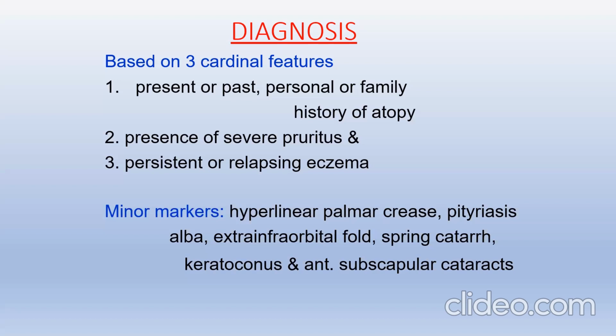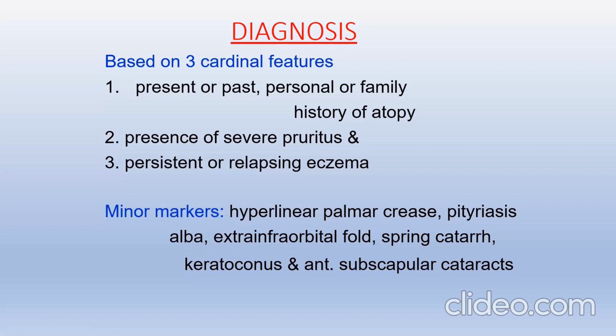And some other minor markers are also present like hyperlinear palmar creases, pityriasis alba, extra infraorbital fold, spring catarrh, keratoconus, and anterior subcapsular cataracts.